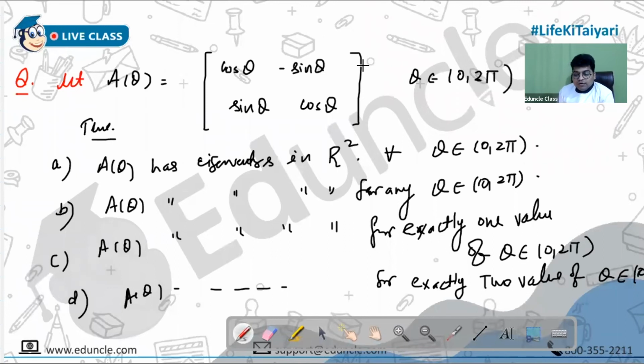Whatever we have as a rotation matrix, this is also the transpose of a rotation matrix. Yes or no? Quickly tell me. This is the transpose, this is also orthogonal.